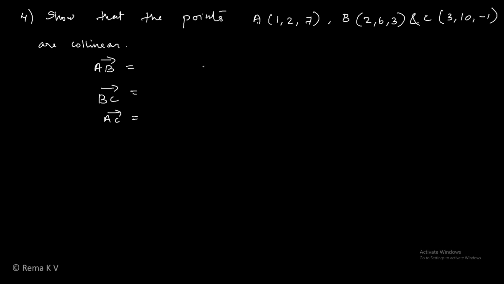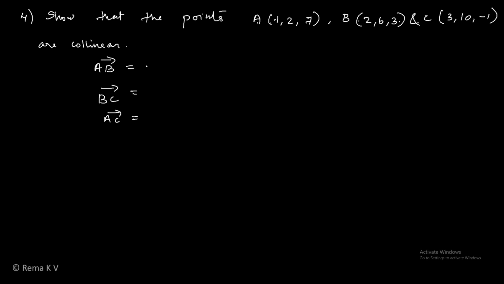Points, vertices are given to us. A and B are given. So, to find vector AB, x2 minus x1 i plus y2 minus y1 j plus z2 minus z1 k.